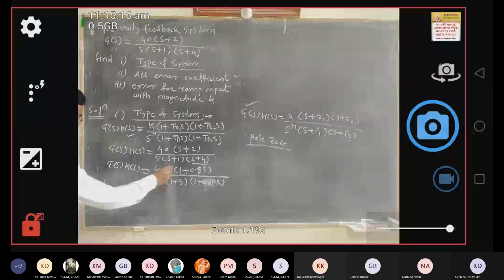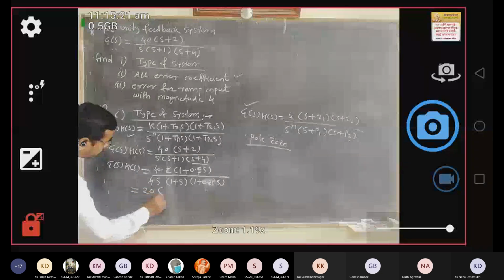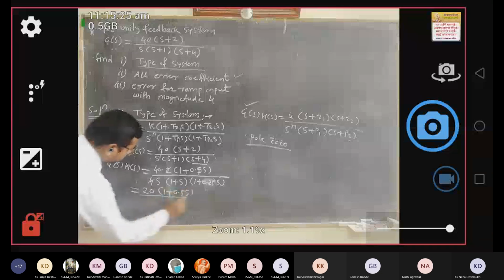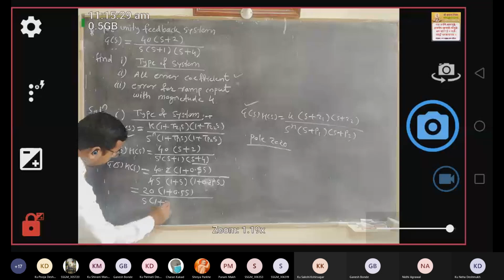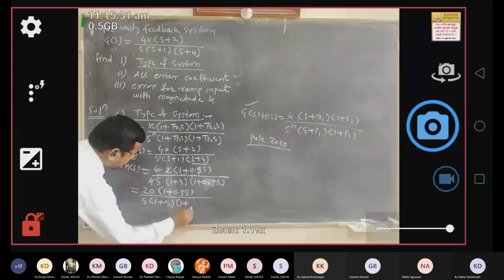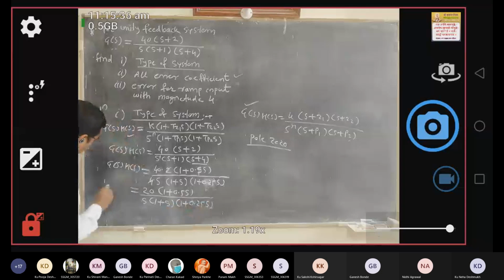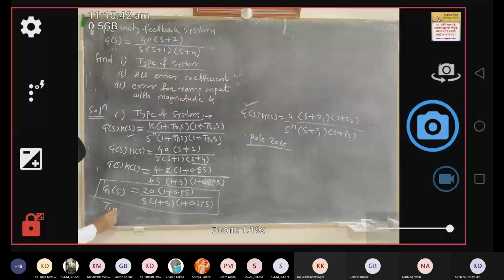So 40 into 2 upon 4 gives 20. So G(s) = 20(1 + 0.5s) / (s(1 + s)(1 + 0.25s)). This is our G(s) in time constant form.